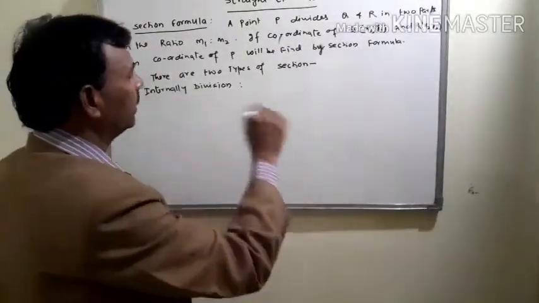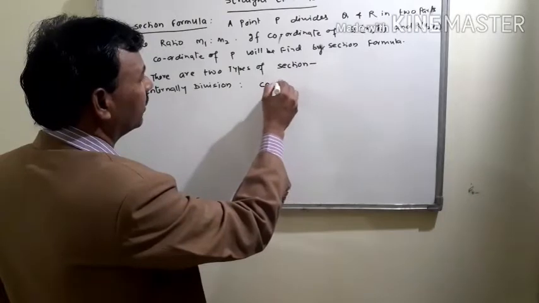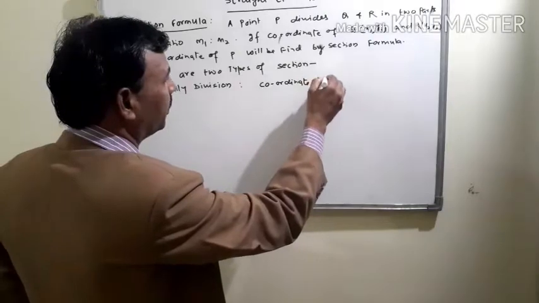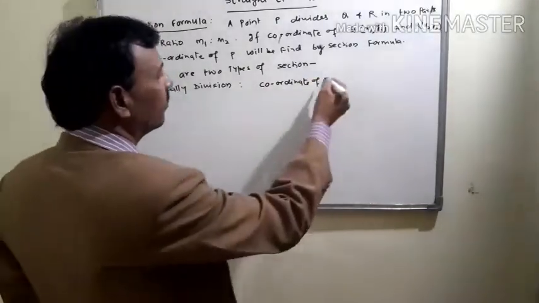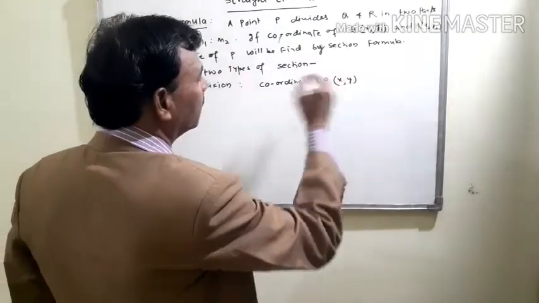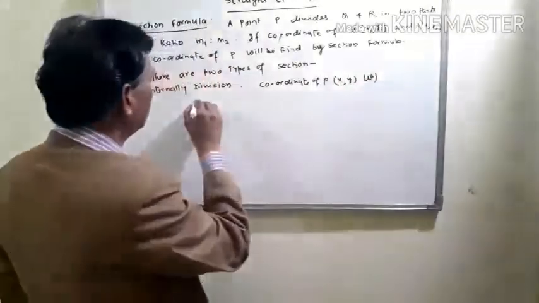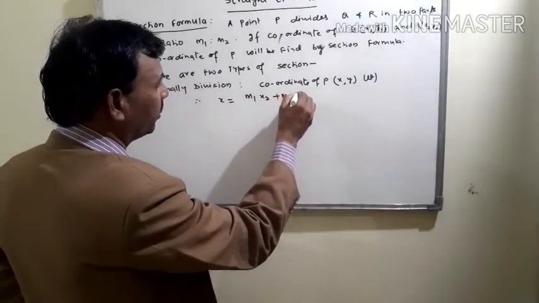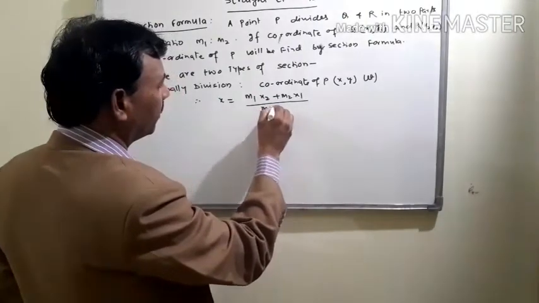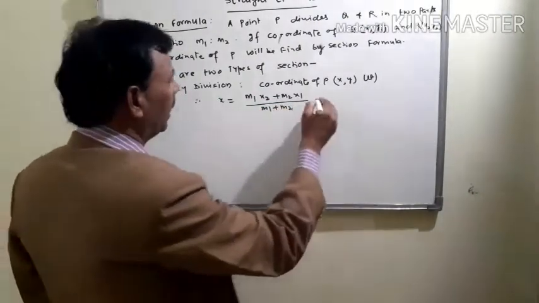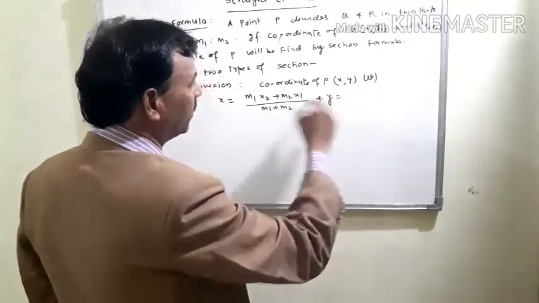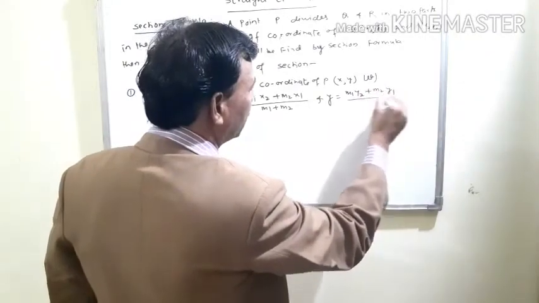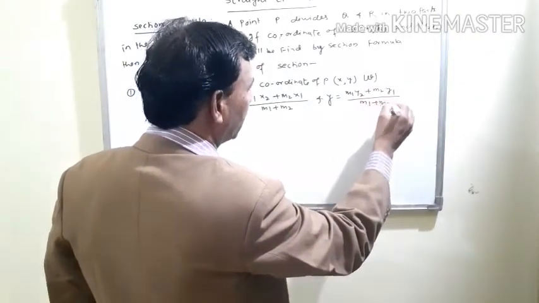Then internally division, coordinate of P, let X and Y, therefore X equal to (M1 x2 plus M2 x1) whole upon (M1 plus M2), and Y coordinate will be (M1 y2 plus M2 y1) whole upon (M1 plus M2).